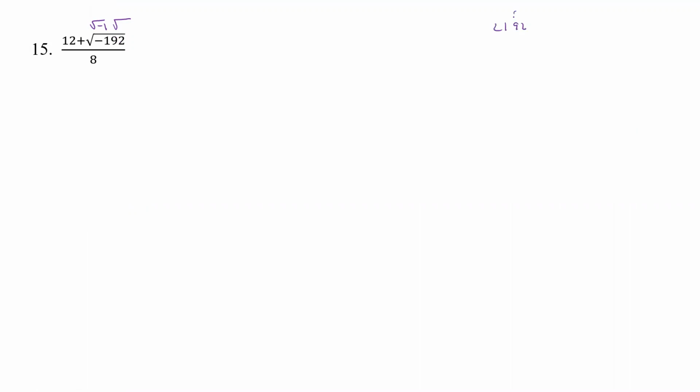So 2 goes in here, 96, okay. So that really doesn't help me. So it's also divisible by 3. And so 192 divided by 3 is 64, that's a perfect square. So that's what we want.